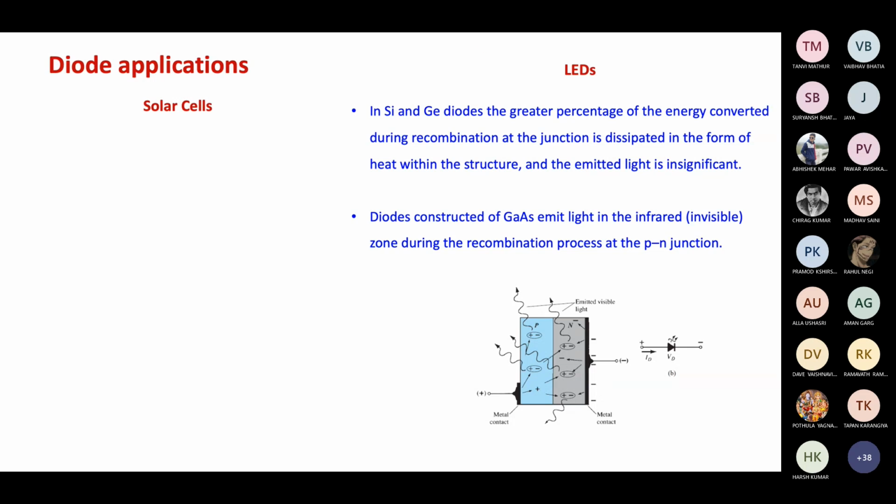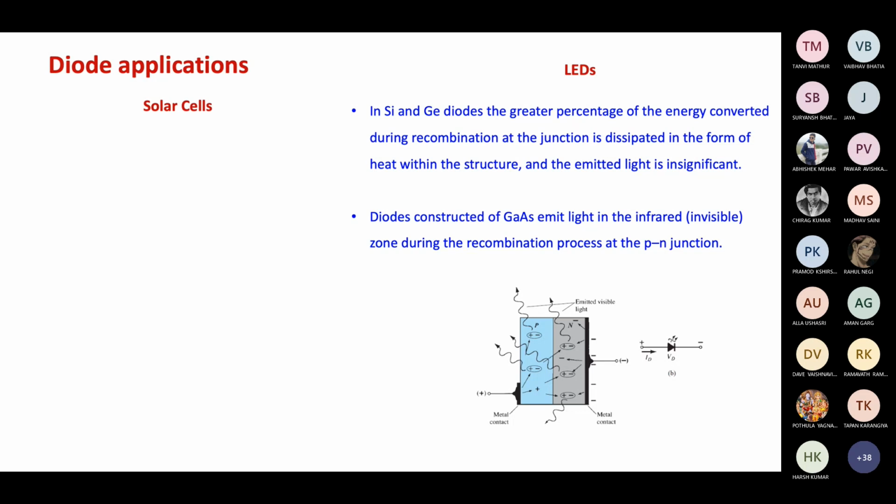Anybody else? We would also need to widen the depletion region so that the maximum number of electron hole pairs are produced. Yes, you have got it, and that is exactly how a solar cell functions.